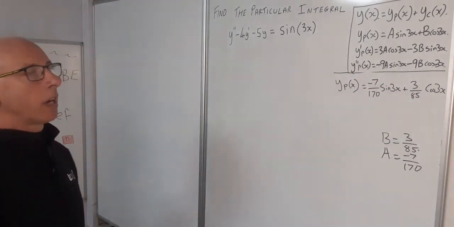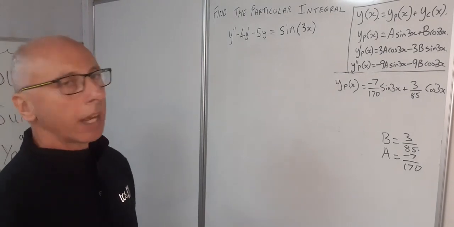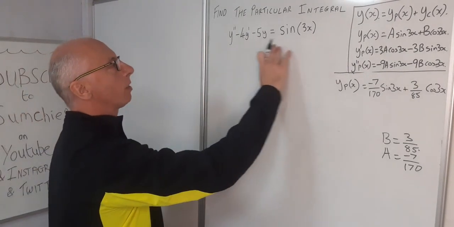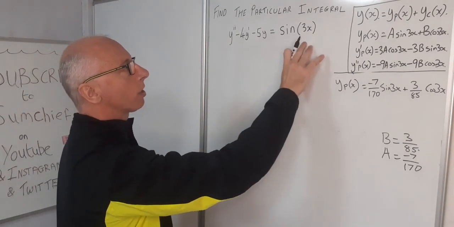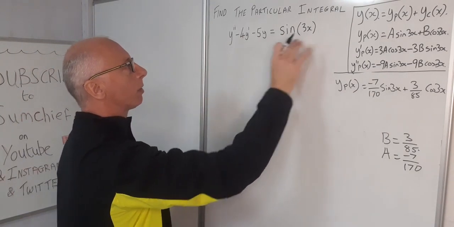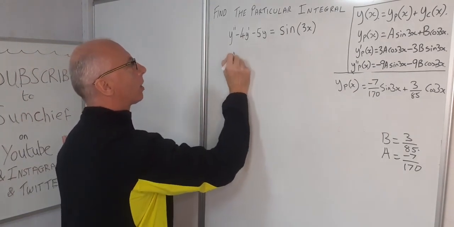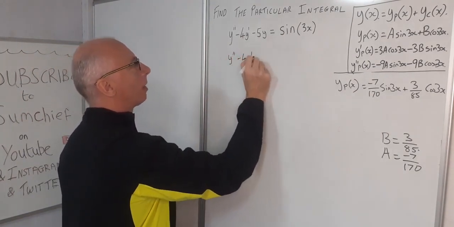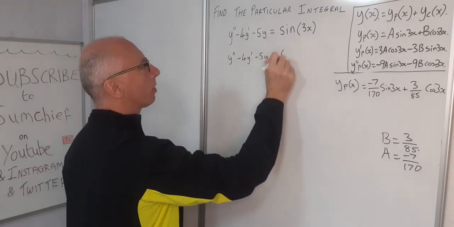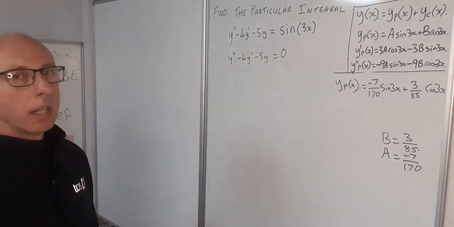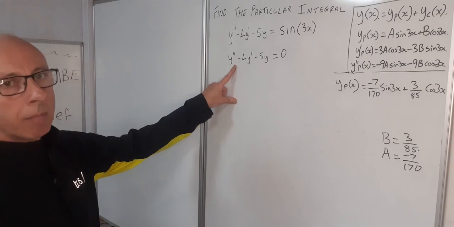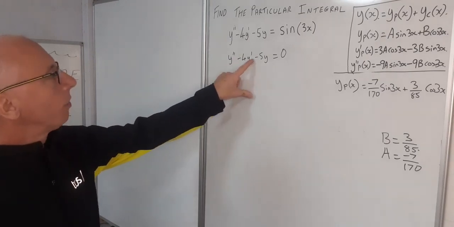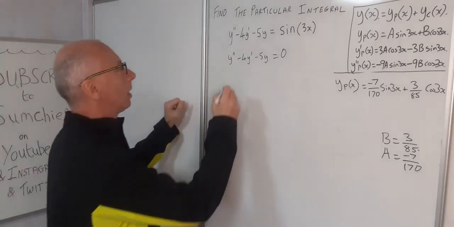Okay, so now I need to find my complementary function. Now the complementary function, we just set this to be a homogeneous equation, so we set this to be 0. So now we've got y double prime minus 4 y prime minus 5 y equals 0. So now I'll just set my lambda value to the powers of the number of derivatives we're using.